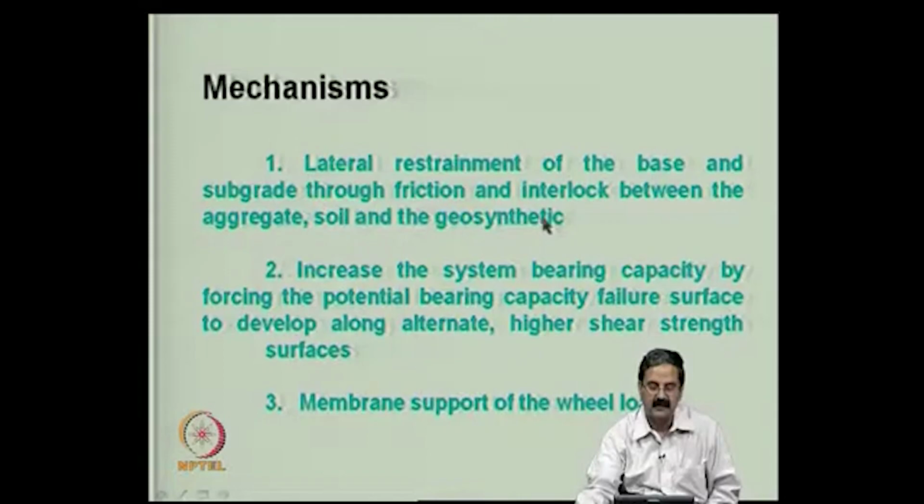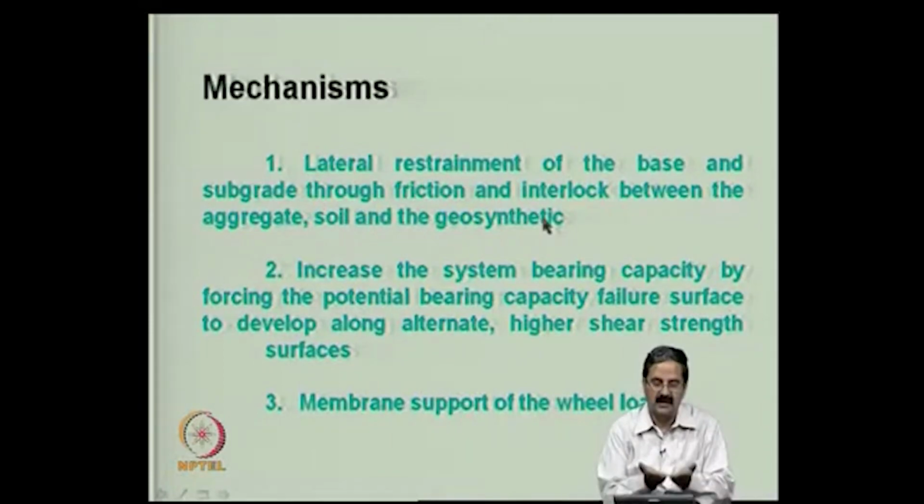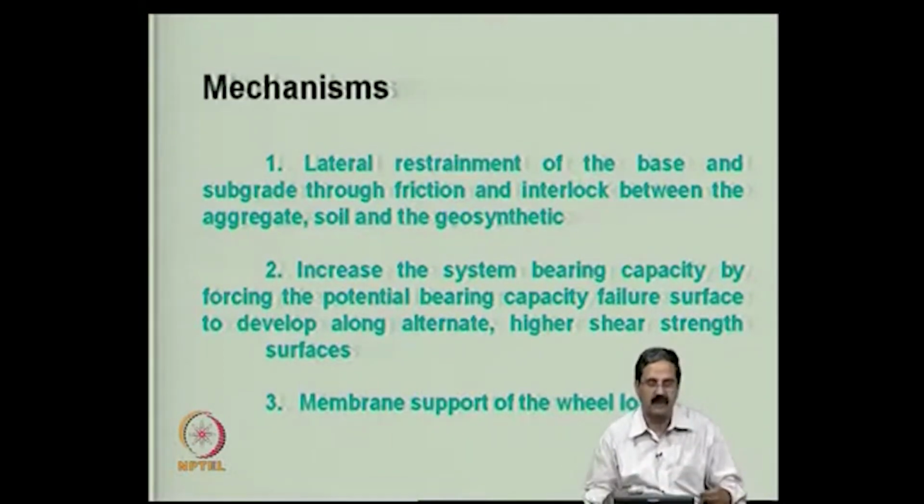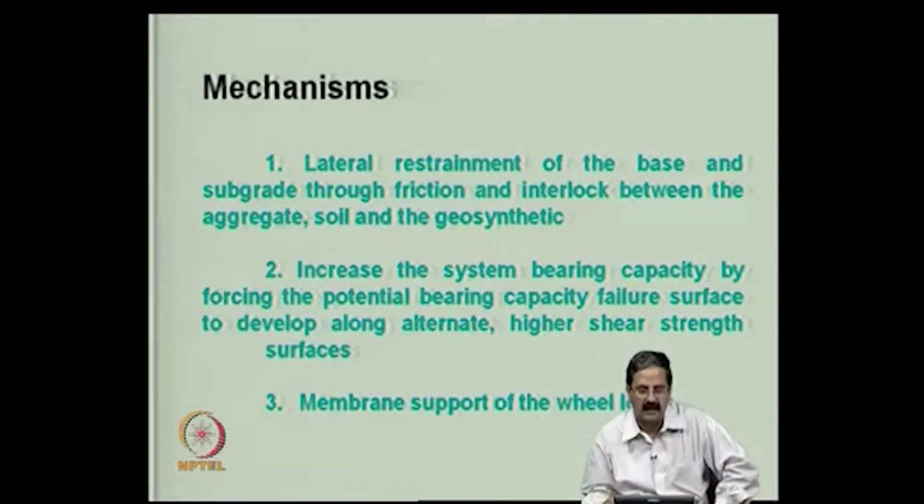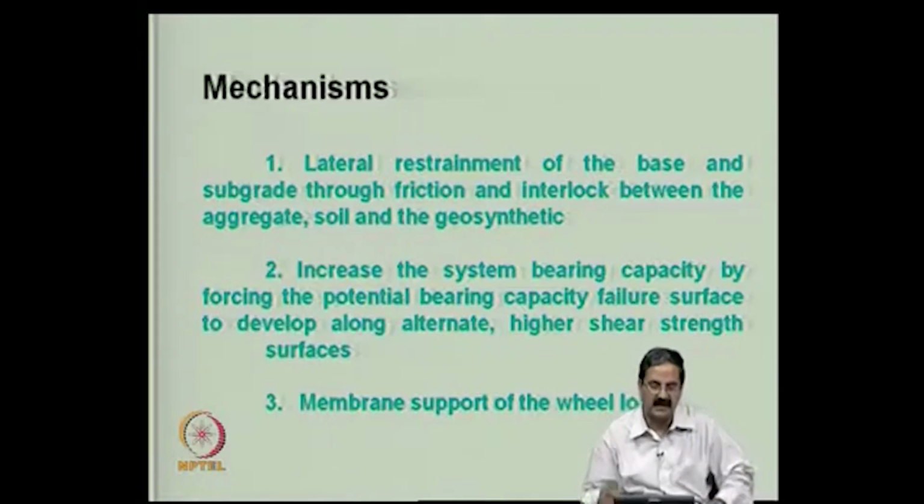Say for example, as I just mentioned, the confinement effect: we had talked about inward shear stresses and outward shear stresses in embankments on soft soils. Here also it is the same thing. There is a lateral confinement of the base and subgrade through friction and interlock between the aggregate, soil and geosynthetics.